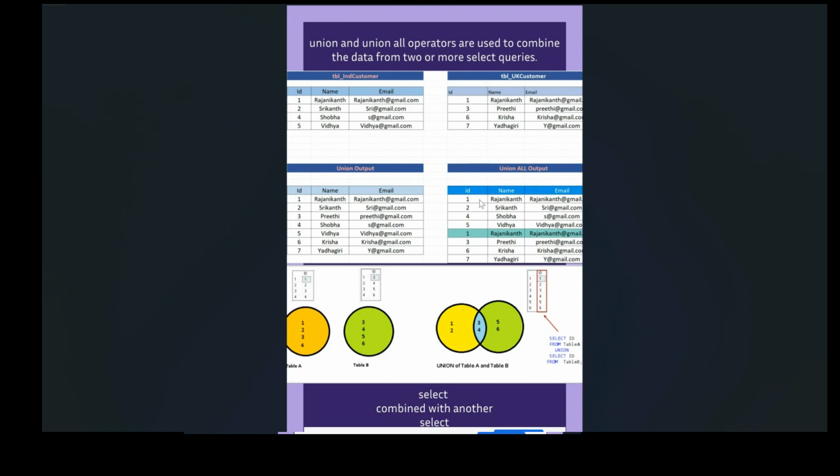And in union all, the sorting does not happen. 1 2 4 5, 1 2 4 5, 1 3 6 7, 1 3 6 7. It just combined the data. But in union, you will see that sorting: 1 2 3 4 5 6 7. Whatever the order you have in the first table, it's sorted. 1 2 4 5 you have in the first table, but in union output you will see 1 2 3 4. 3 is coming from table 2. It's sorted. But in union all, you won't see that sorting.